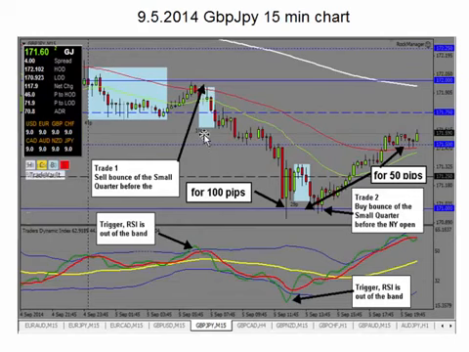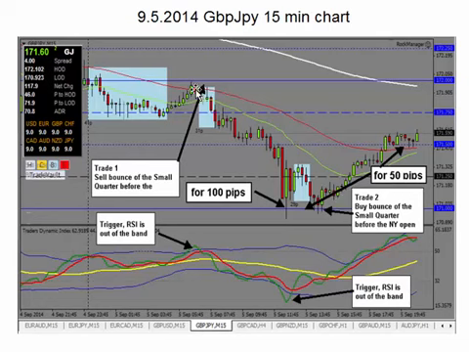Other examples on a 15-minute chart, we had an Asian accumulation session. The pair cycled out of the box. It cycled up to the small quarter point at 171.00. It bounced. It cycled down to the small quarter point of 171.00 and bounced and made a perfect W. Bounced again and cycled back up.